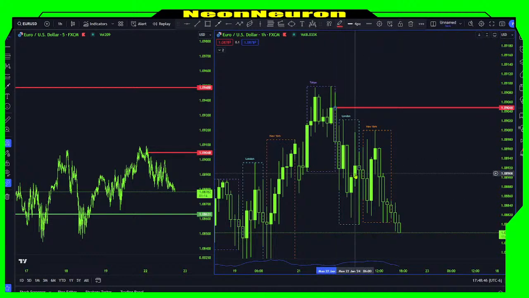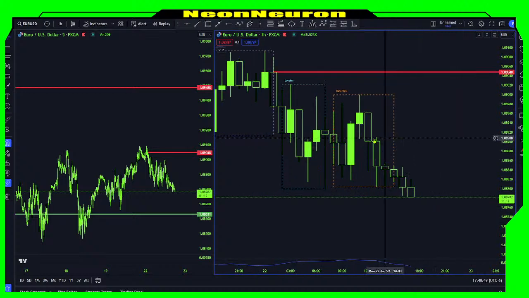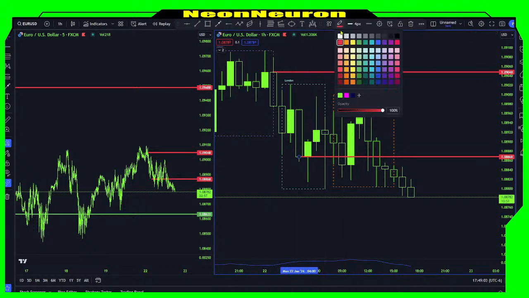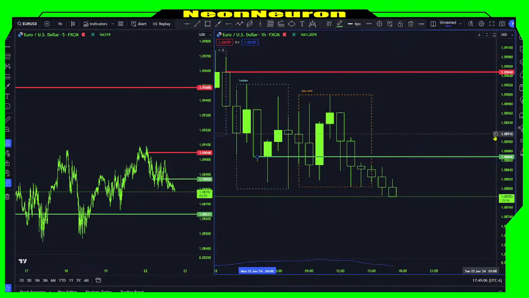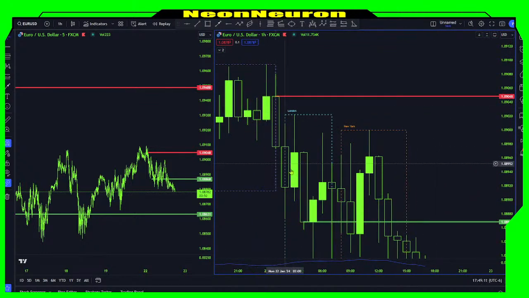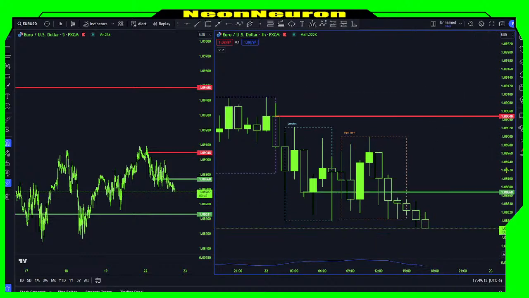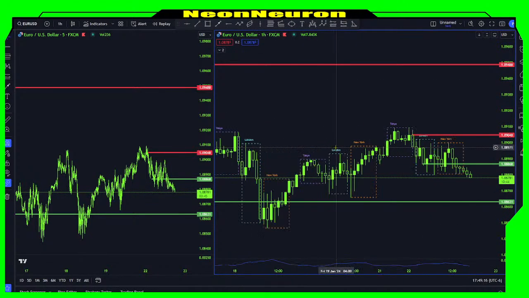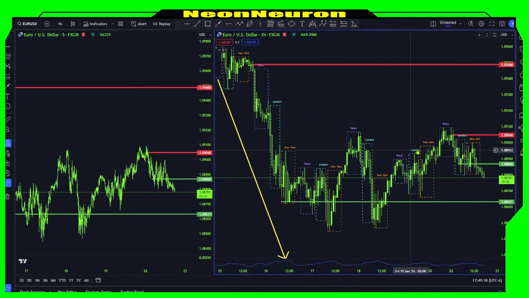Bam, bam. And New York opened at 8. So I was continuing to watch the drop. And at that point, this was our low right here. So this was about support. And because I'm a seller, I started watching. Okay, let's wait and see, because if you look at the higher time frame, we're kind of in the middle, and we haven't really reached this area.